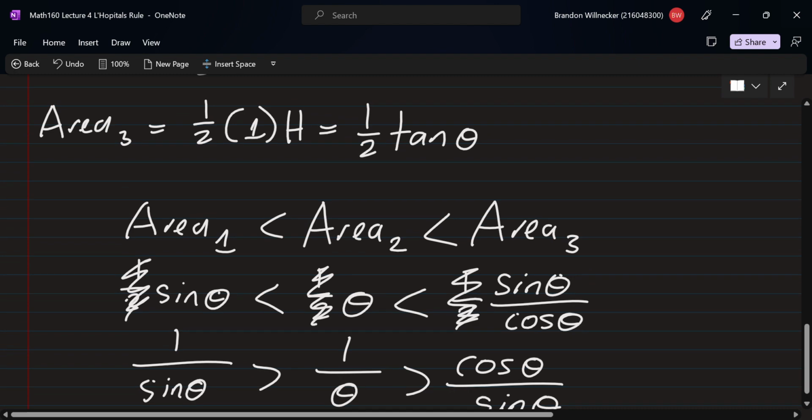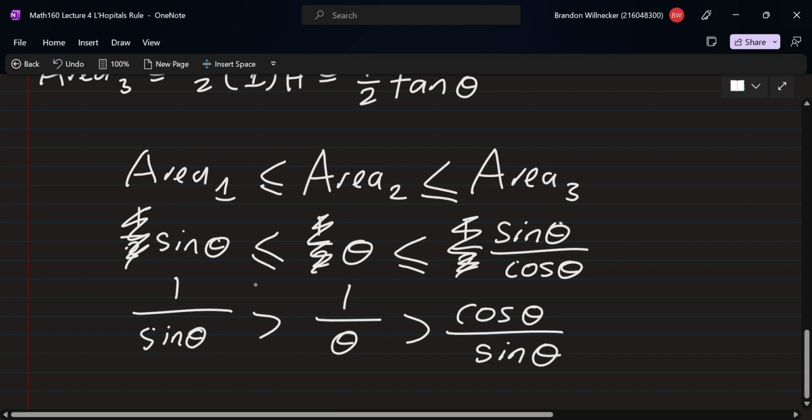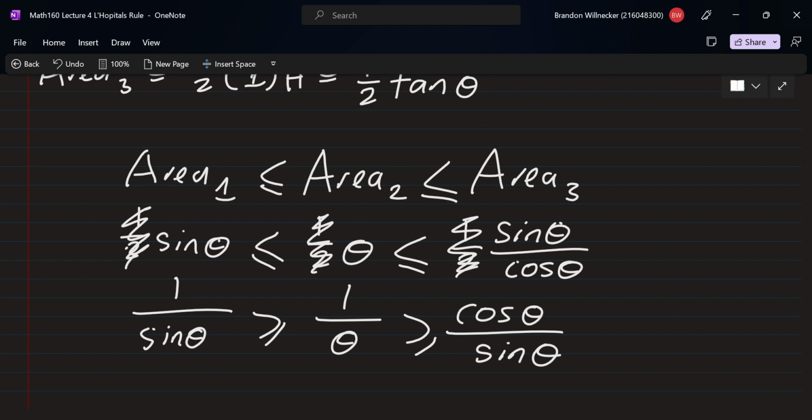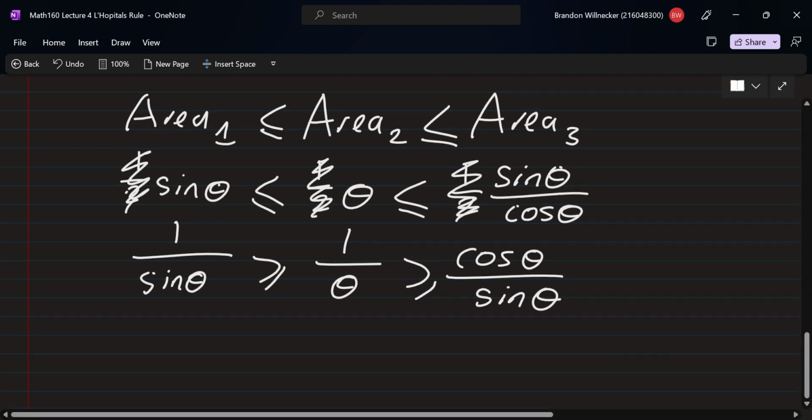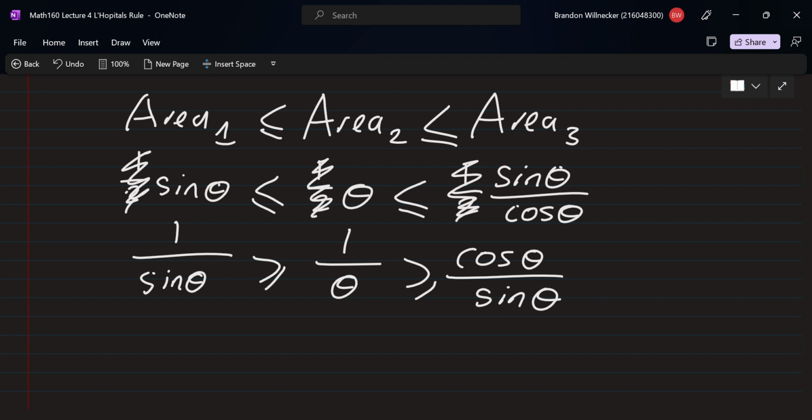So we could put less than or equal to. For the squeeze theorem, remember we're taking the limit, so in the limit, it will become equal to. But for now, it doesn't matter. Only in the limit does it become equal. But that's fine, you can put less than or equal to, that doesn't change anything.